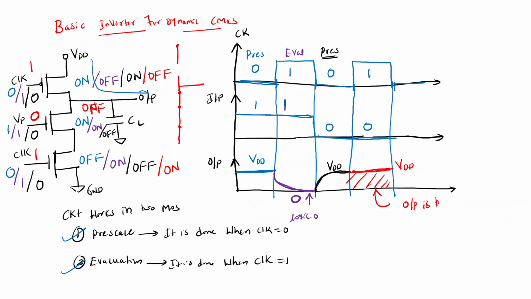When there is an open circuit, we can say it is high impedance. So if you give input as 0, you are getting logic 1 only, but it will be in the high impedance state.